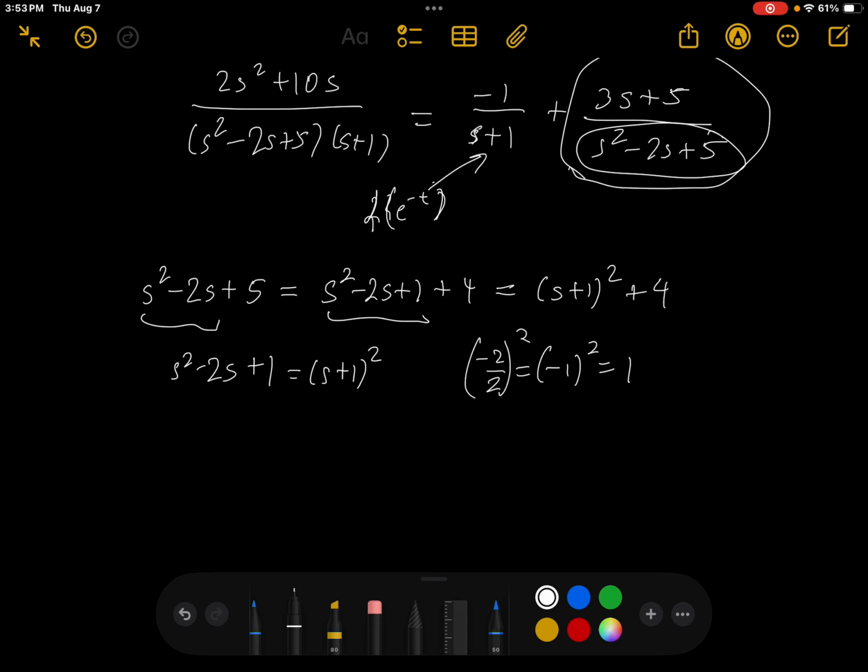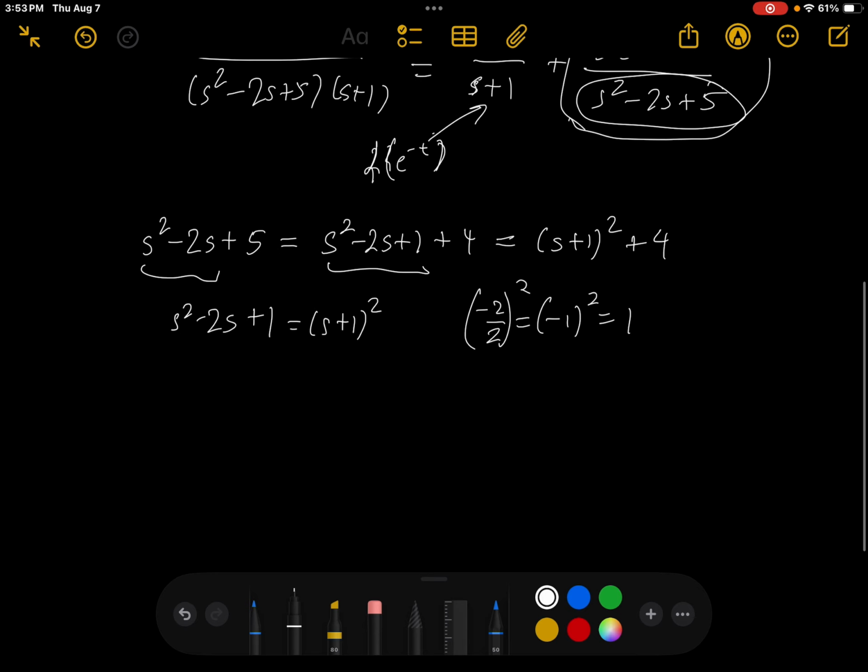Now I'm writing that because I know from my partial fractions, my inverse Laplace transform, I know how to find the inverse Laplace transform if I have something like s minus a over s minus a squared plus b squared, and if I have b over s minus a squared plus b squared.